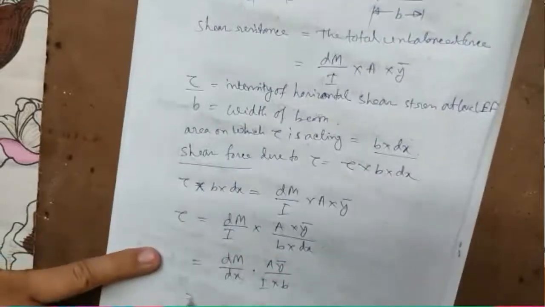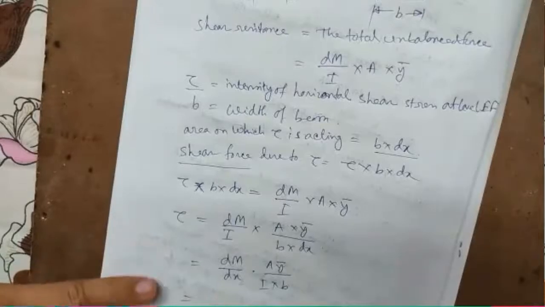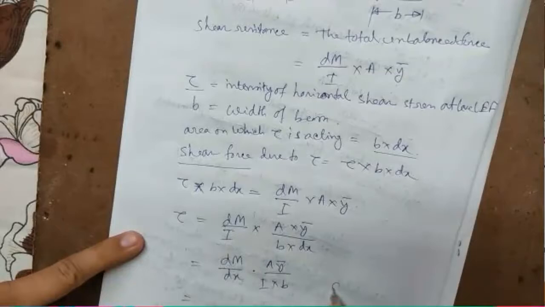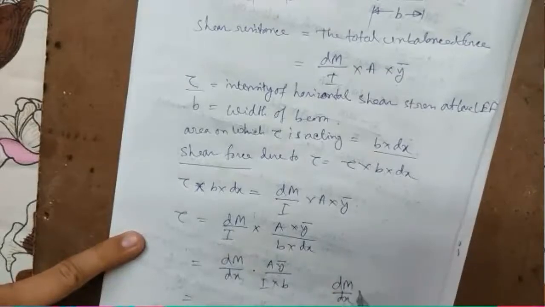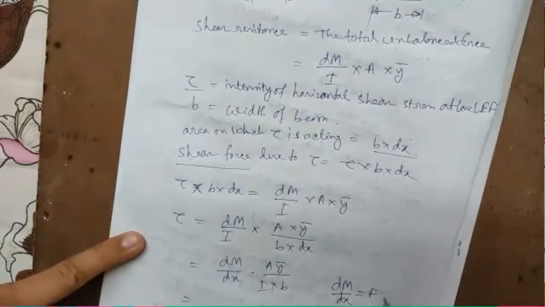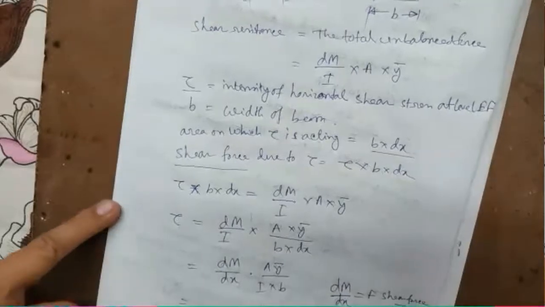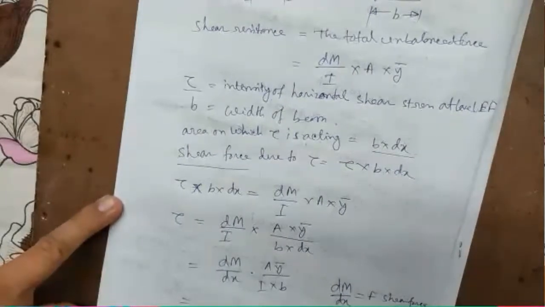Now this dM by dx is actually the shear force. If we divide the bending moment by length, what we get is force.